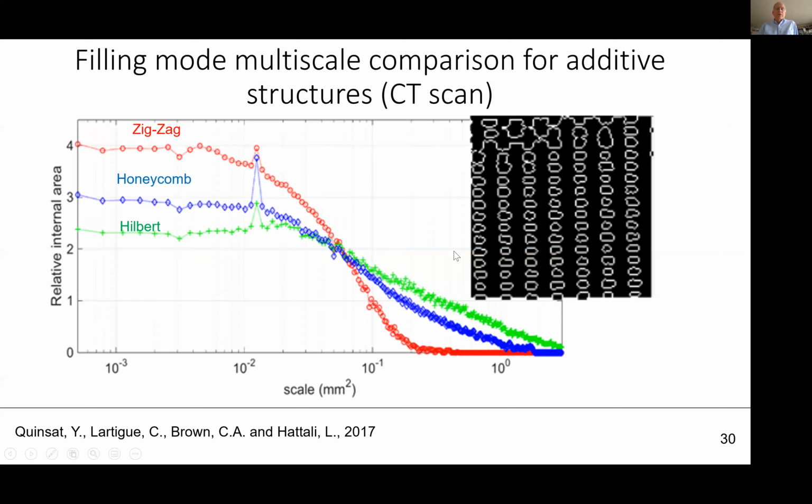Here's another example using a multiscale analysis. And this is a slightly different kind of analysis, and it's made for CT scans. So here is a computer tomography result from a measurement. We're comparing 3 different structures in a multiscale sense. Here he calls it the relative internal area. This was Jan Cuisenet who did this at the ENS Cachan at the time.